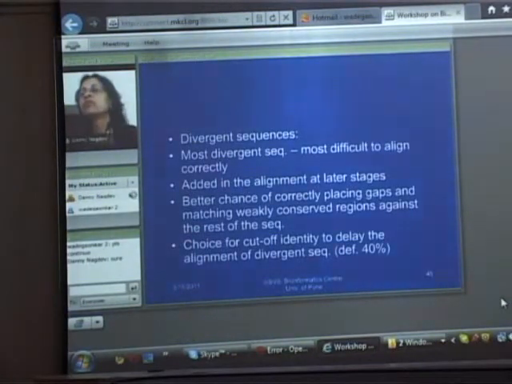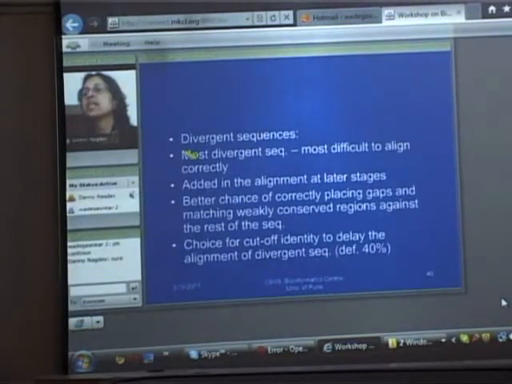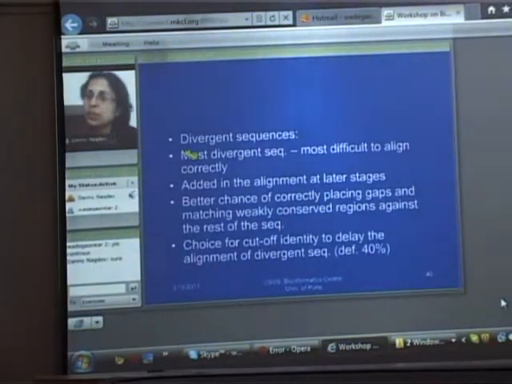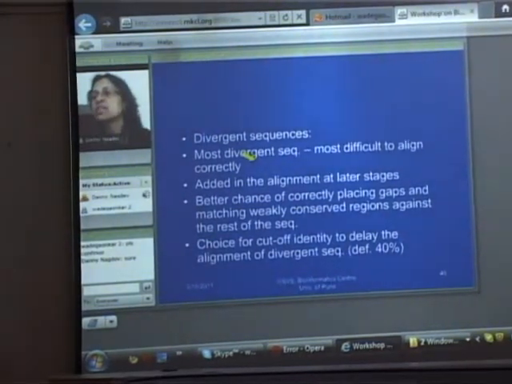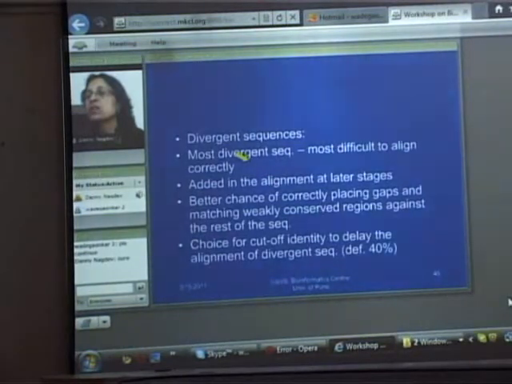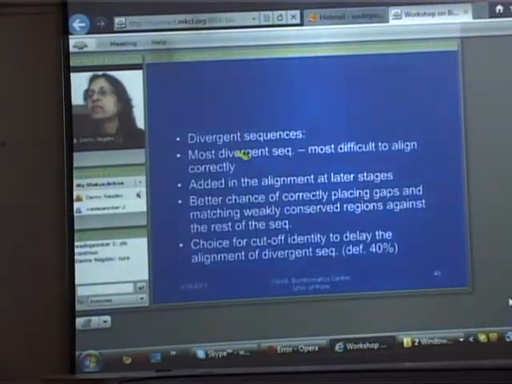Now, what do you do when you have very, very divergent sequences in your data set? When you have these divergent sequences, that is the amino acid sequences of those proteins which have diverged from each other to a large extent, then they share very, very low sequence identities or similarities. And these sequences are most difficult to align correctly, because when the sequence has undergone so many mutations, how do you really assign the equivalence when you do the alignment?